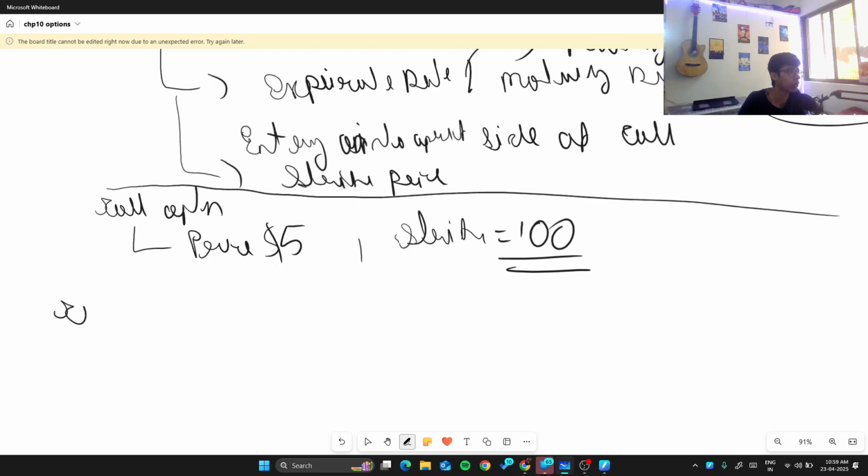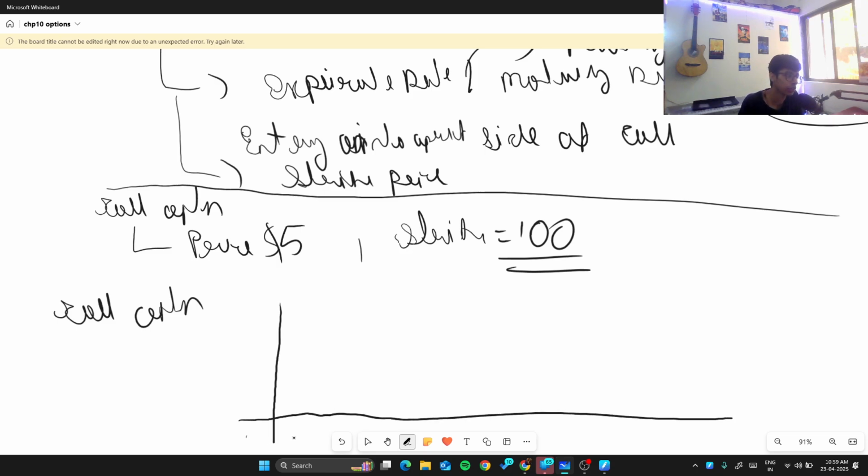So let's see the call option on this graph. On the x-axis we have the asset price or spot price, and on the y-axis we have profit and loss. At 0 it goes negative.